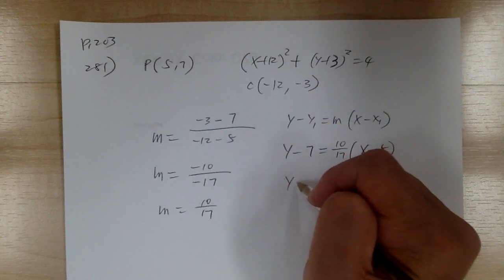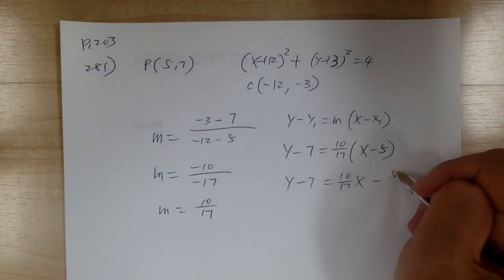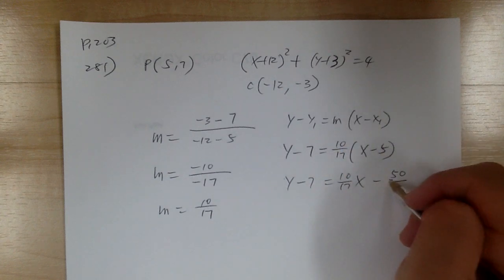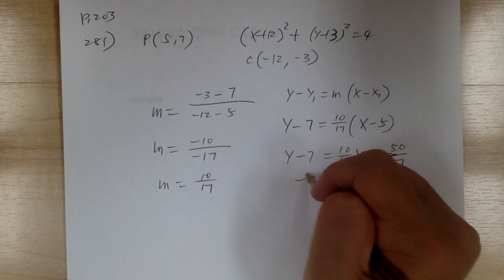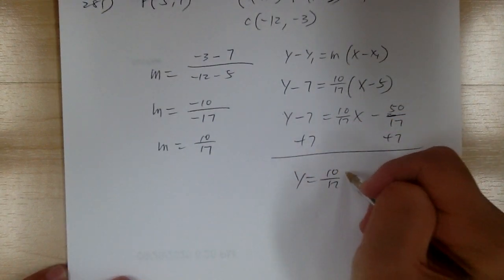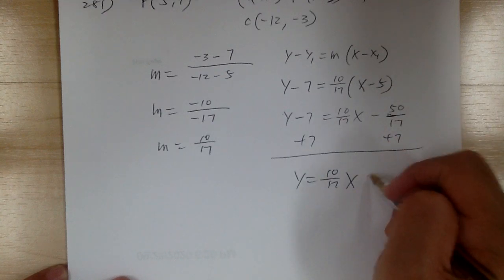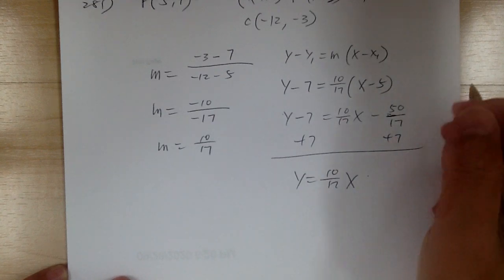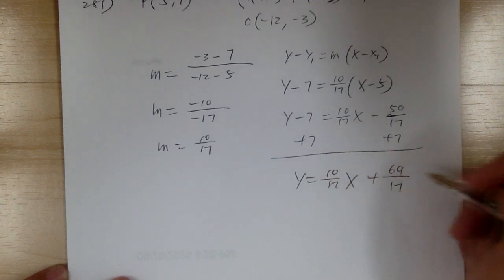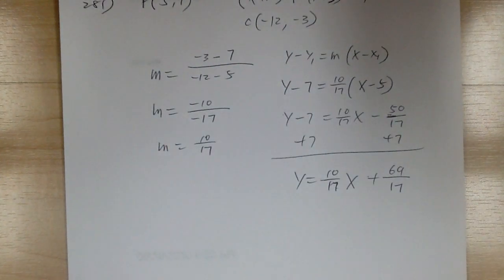So y minus 7 equal to 10 over 17x minus 50 over 17. You just multiply it over 17. And then after that, you add 7 on both sides. So y will equal 10 over 17x, and you can add this together, which will become plus 69 over 17. And so this would be the equation that fulfills that requirement.